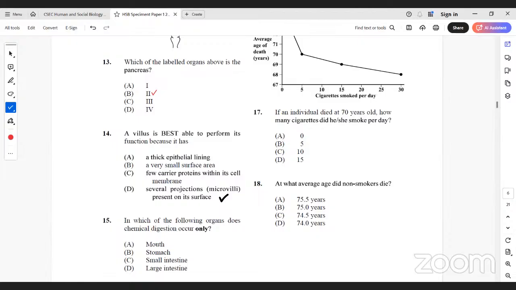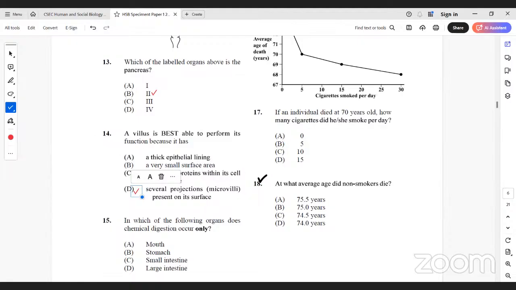Meaning you can't see it with your naked eye. So on the villus, you have microvilli, right? So 14, the answer is an easy D. Right? 14, the answer is D.